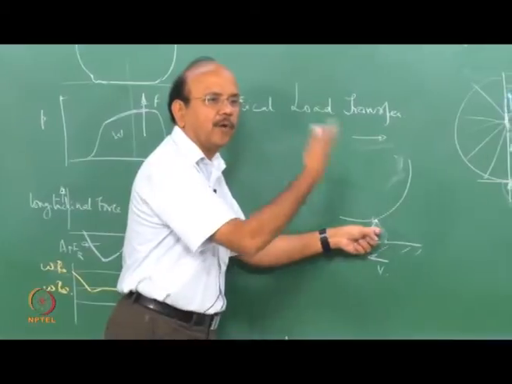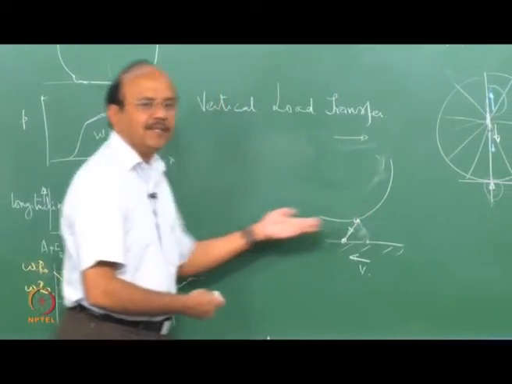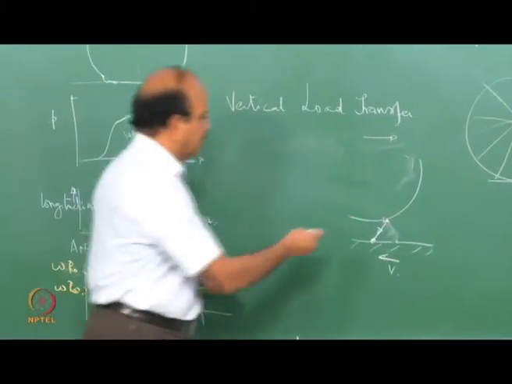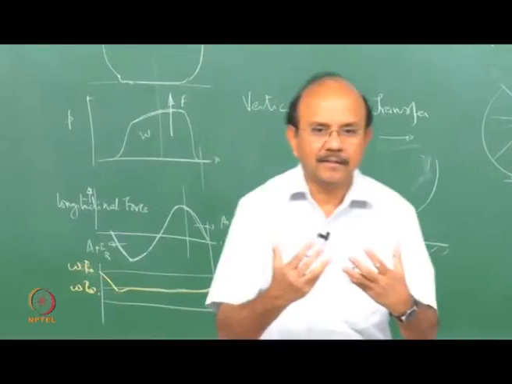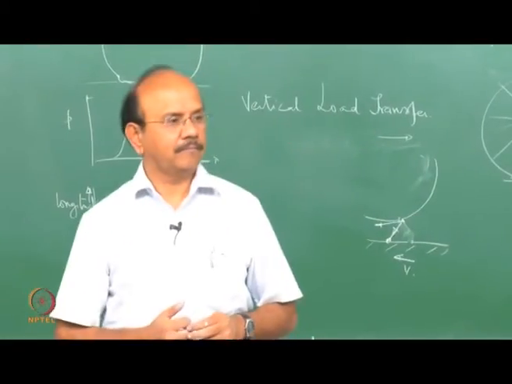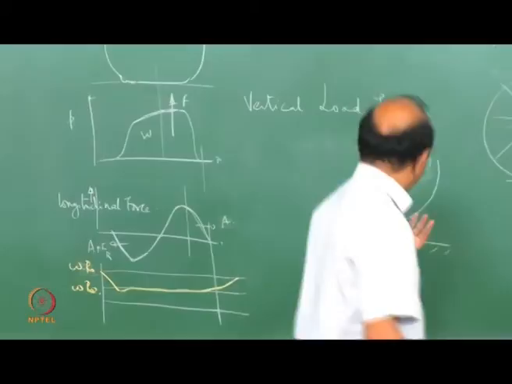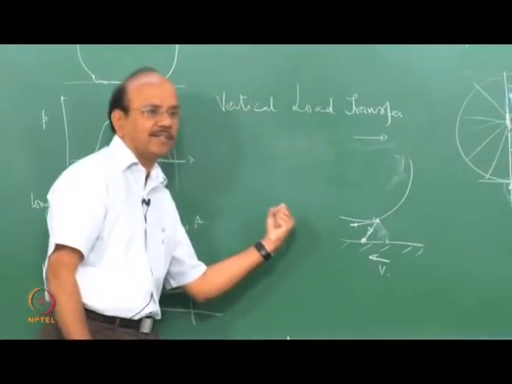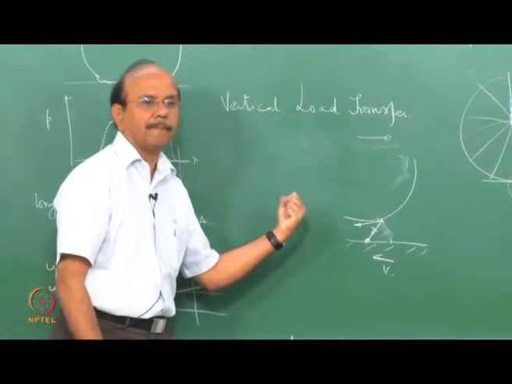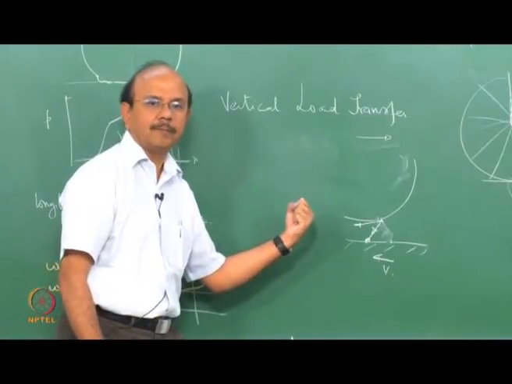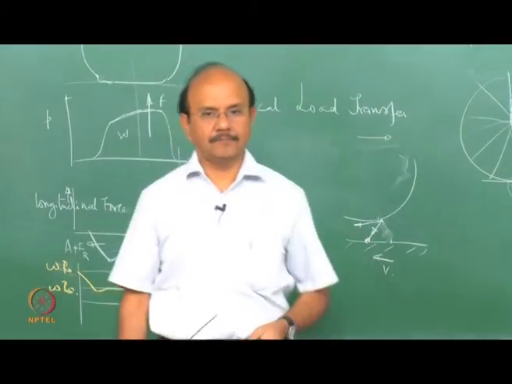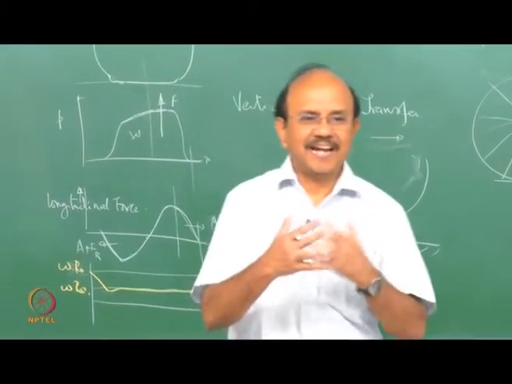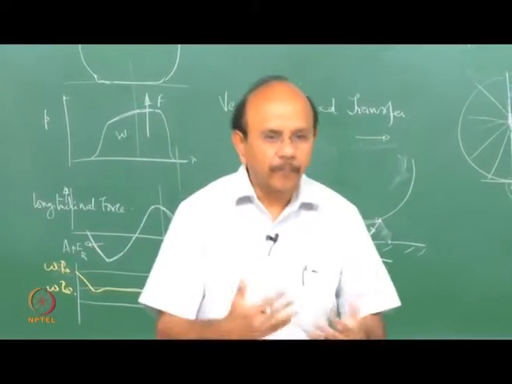If you now resolve this force in the longitudinal direction, that results in a longitudinal force, and that gets depicted as a braking force. It is this tension which is causing the wheel to stop. In other words, that is the braking force.